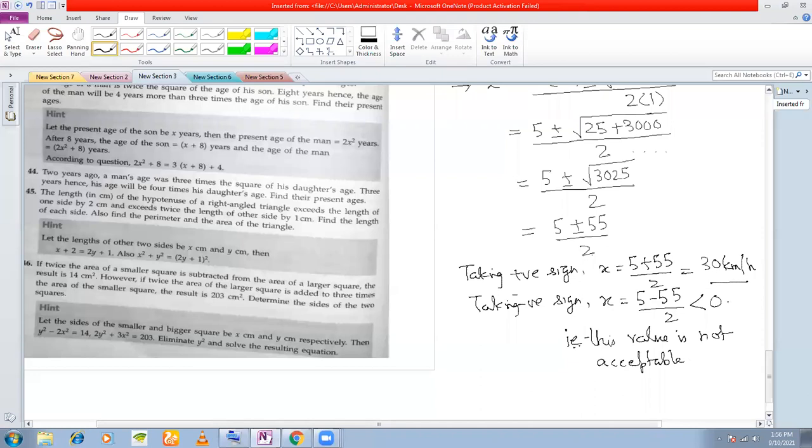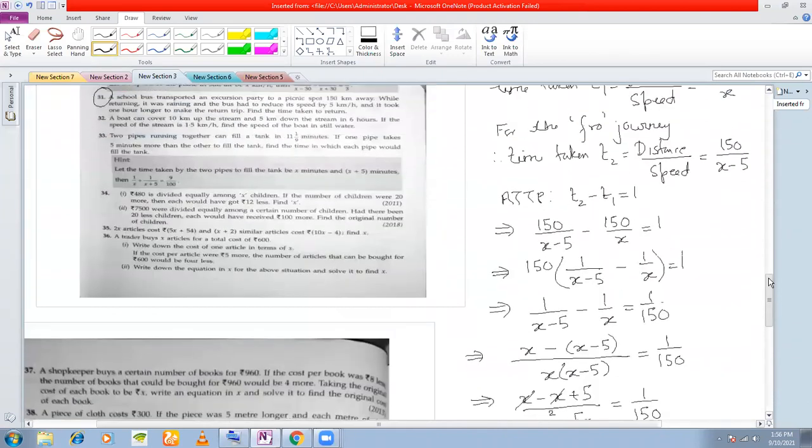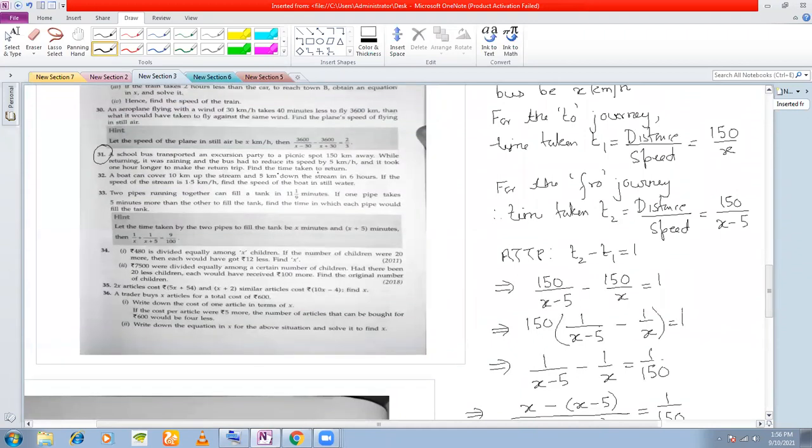So the original speed was 30 kilometer per hour, but that was not the question. The question was to find the time taken to return. Now, time taken to return is 150 by x minus 5.